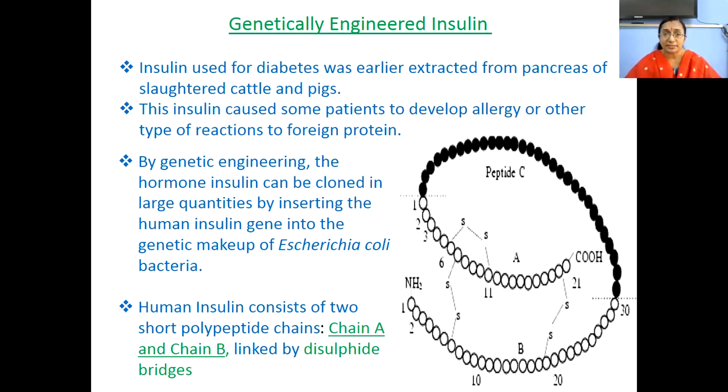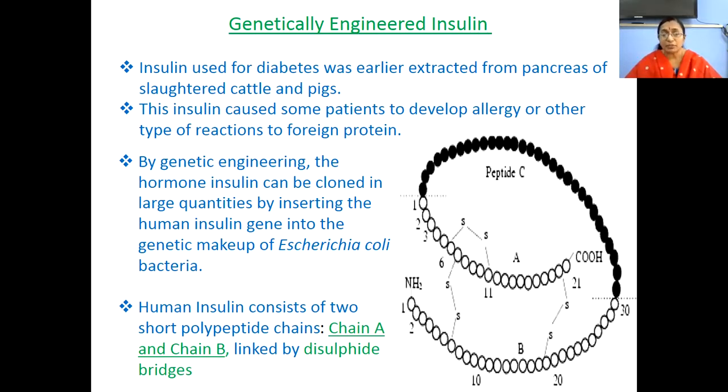Because of our present lifestyle, we find that the incidence of diabetes is increasing more and more in the population. When the incidence of diabetes increases, naturally the requirement for the insulin hormone also increases. Earlier we used to extract this insulin from the pancreas of slaughtered pigs and cattle. But the amount of insulin available was very less, and we had to kill a large number of animals to get small amounts of insulin.